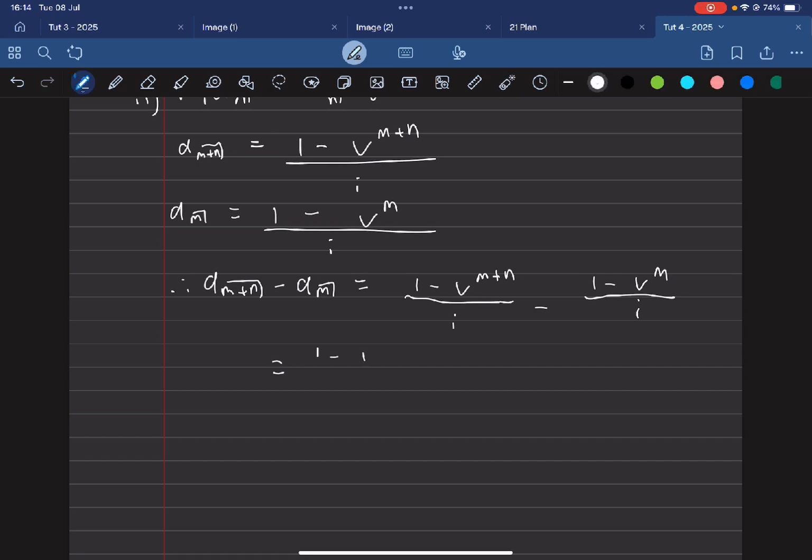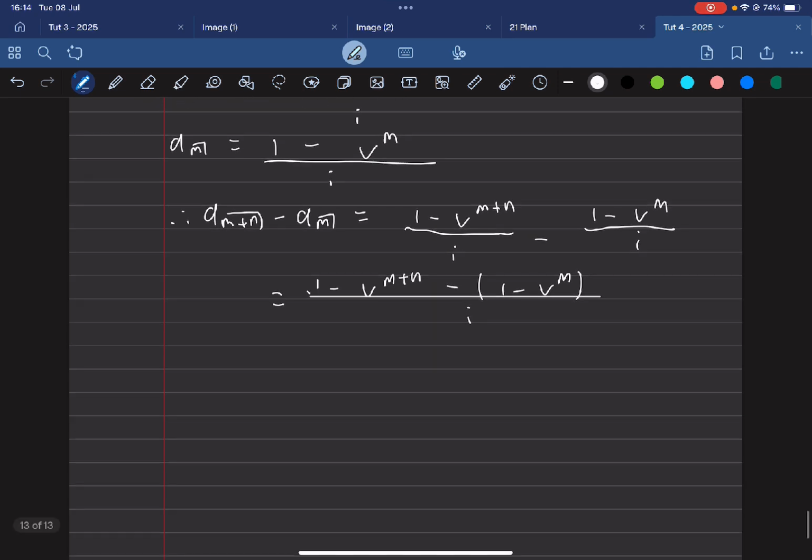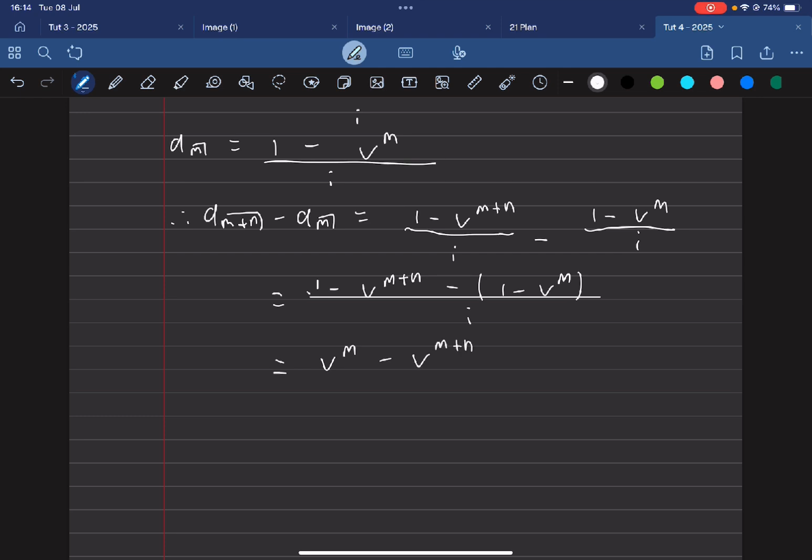So that's going to be 1 minus v to the m plus n minus 1 minus v to the n all over i. Cool. So now when you multiply this in, it's going to become minus 1, then that'll cancel, and this will become positive. So basically this will all just simplify to v to the n minus v to the m plus n over i.